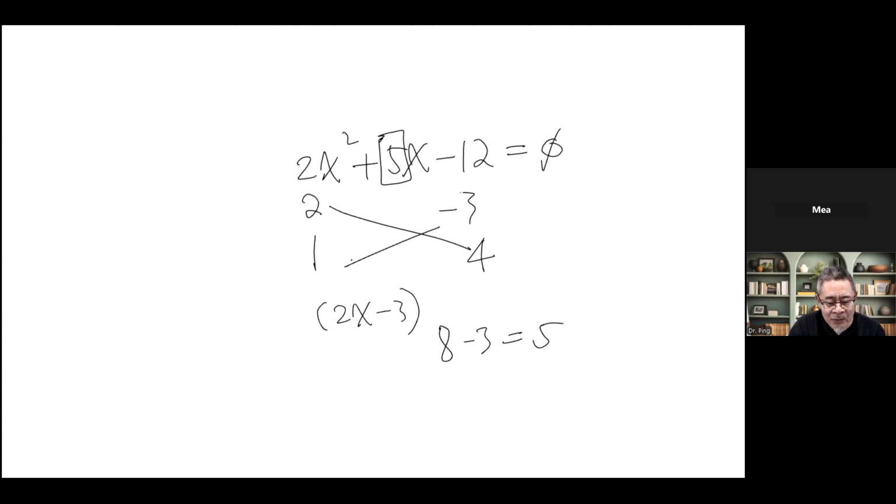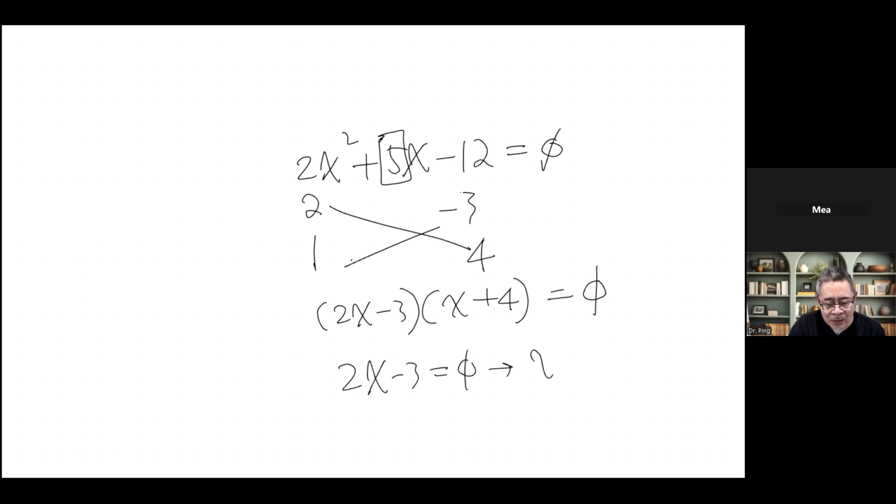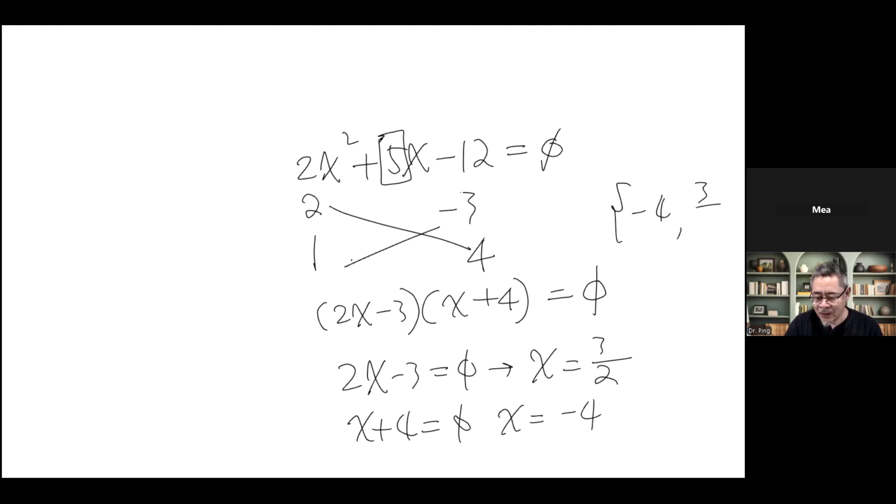Because this has to equal 0, 2x minus 3 equal to 0 gives us x equal to 3/2, and x plus 4 equal to 0 gives x equal to negative 4. So we got negative 4 and 3/2. Good.